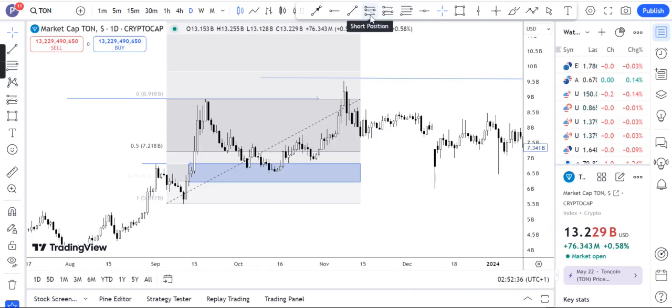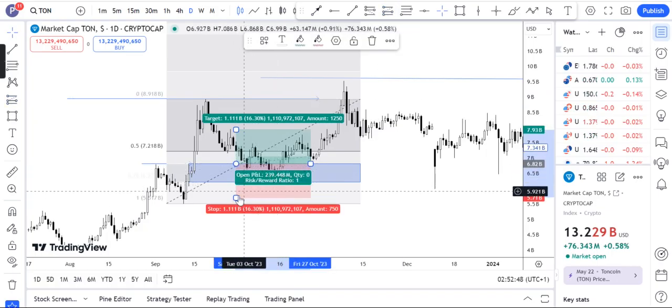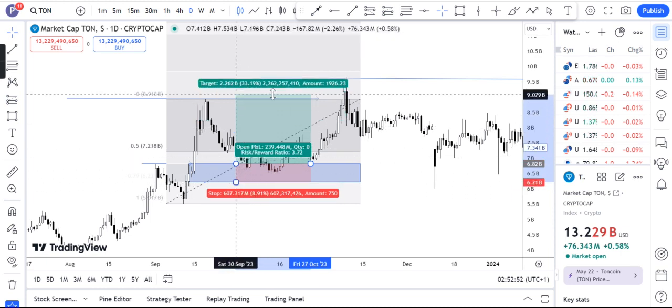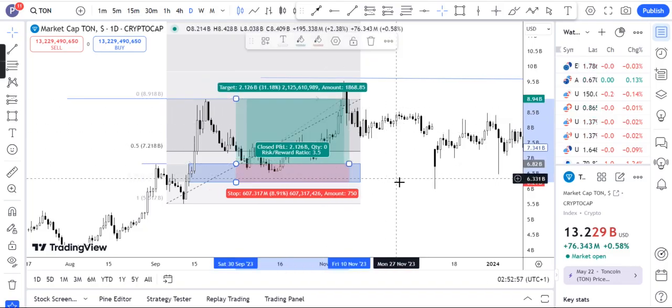But based on the fact it's a crypto, you can decide to hold for a really long time, invested in this particular crypto. So that helped us see this kind of structure, and then take profit got hit at this one.